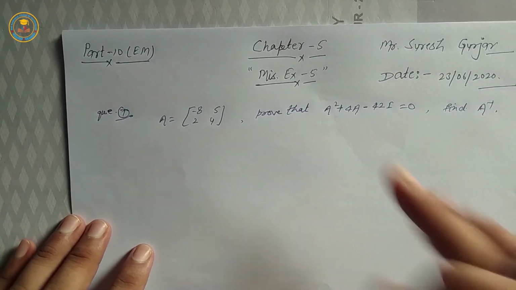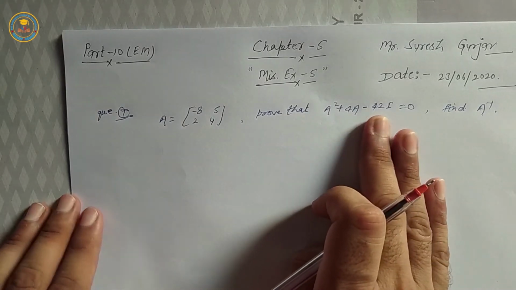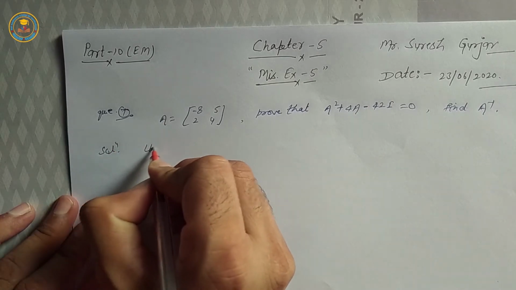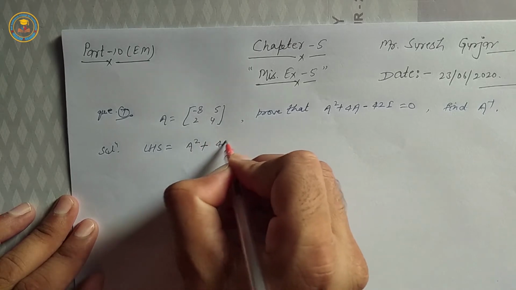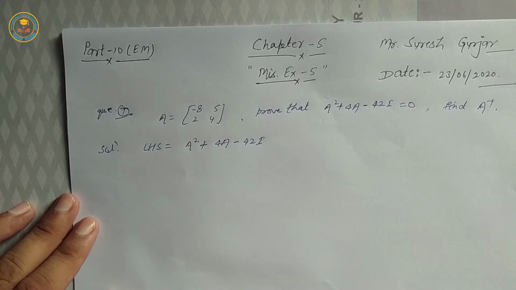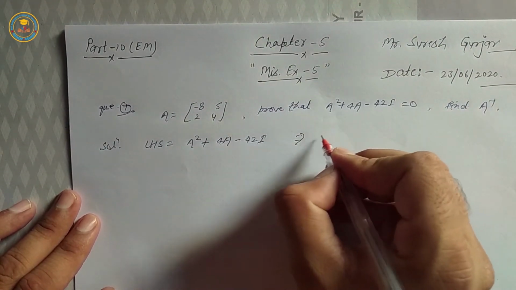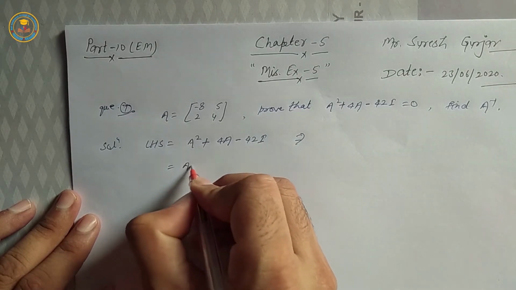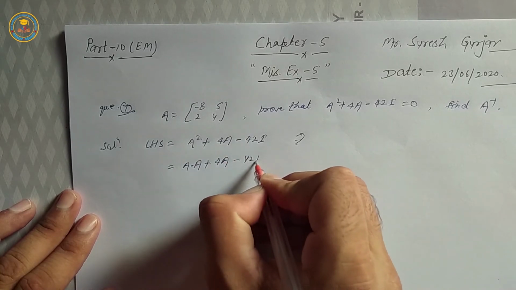Okay, before proving that A squared plus 4A minus 42I is equal to 0, the left side, LHS, is equal to A squared plus 4A minus 42I, which is equal to A into A plus 4A minus 42I.